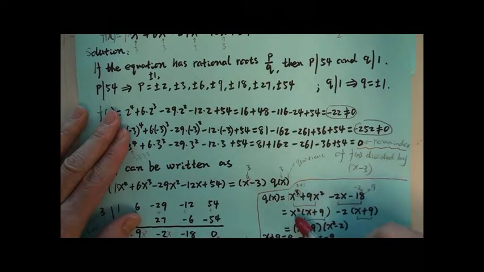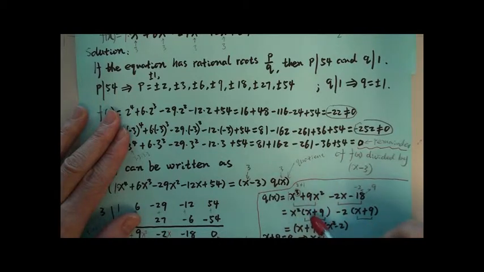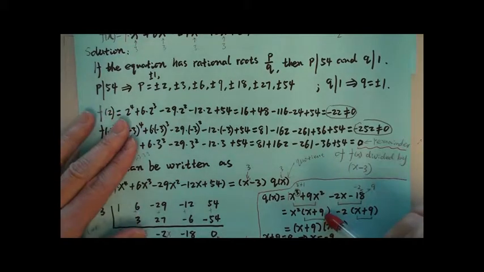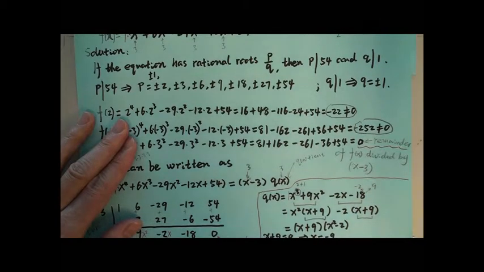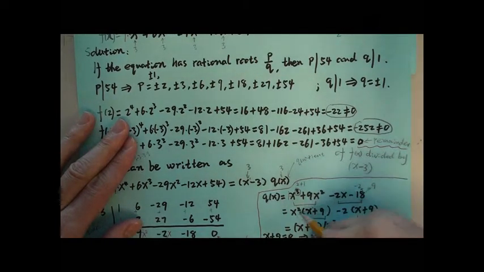So you pull x squared out. The first one, x cubed, has x left over, and here it has 9 left over. Now you can see x squared times x gives exponent 3, and x squared times 9 gives 9x squared.